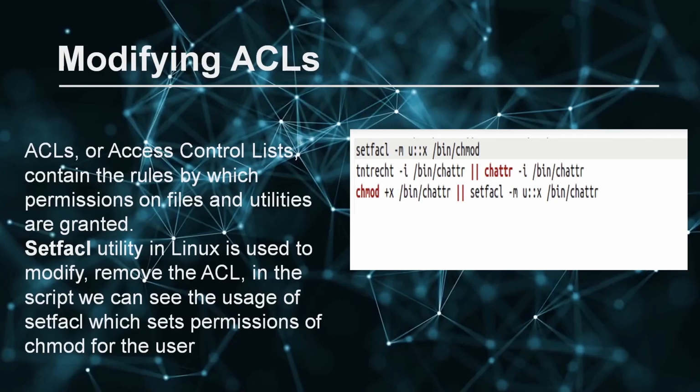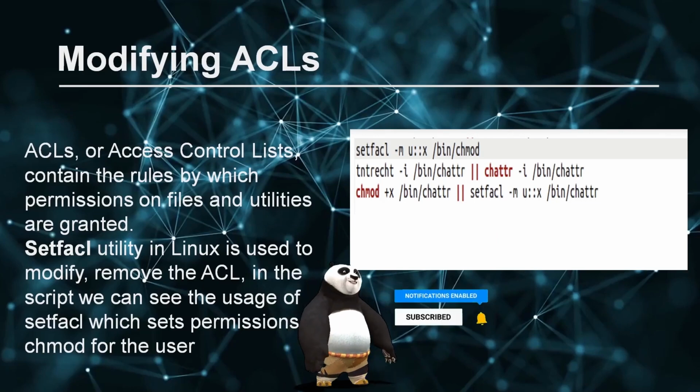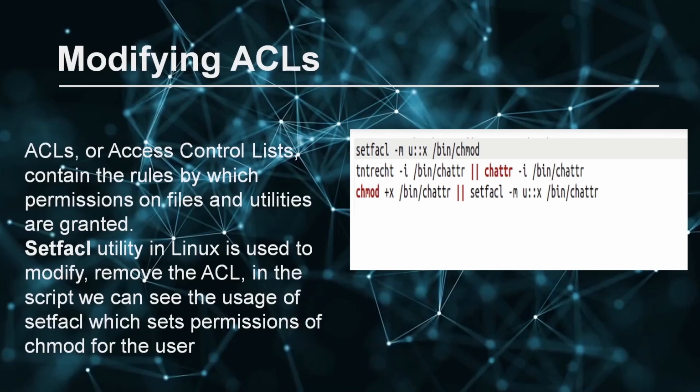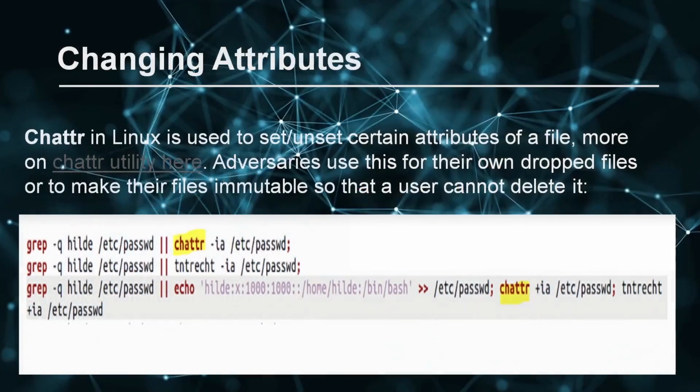Permissions are set using chmod. And also changing attributes. Changing attributes in Linux is to set or unset certain attributes using the chattr utility, using the command chattr. So we can make a file immutable so that a user cannot delete it.